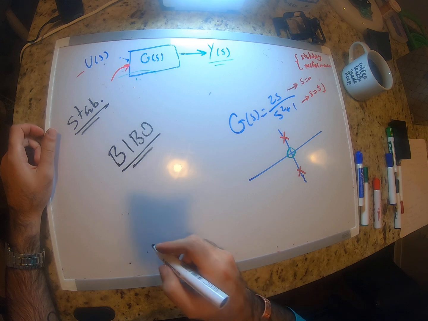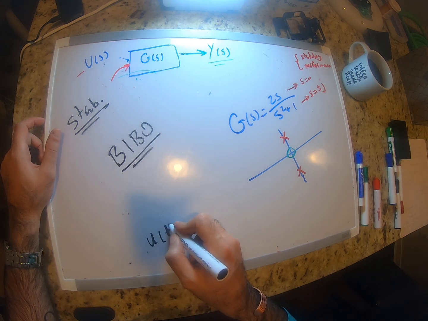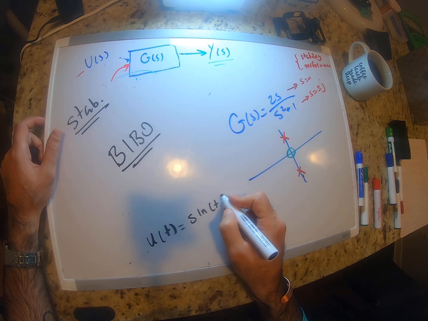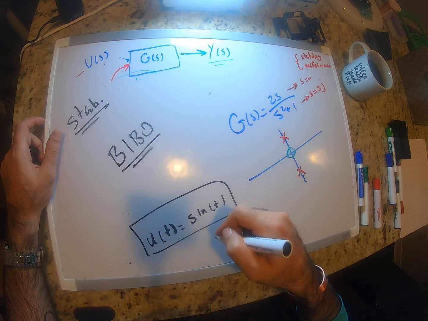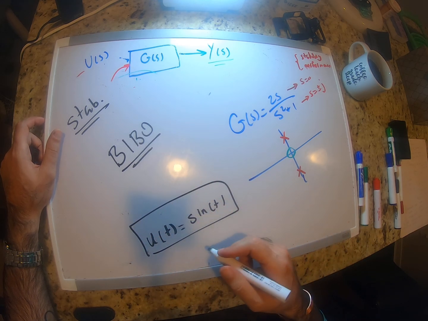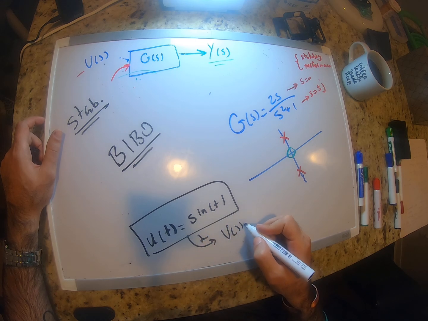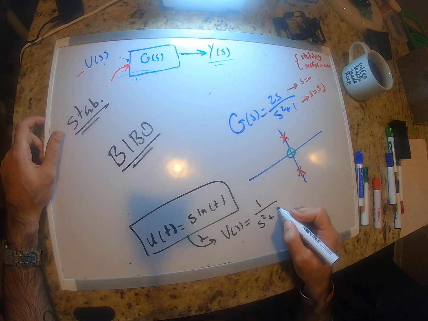Now let's look at u of t equal to sine of t. Is this bounded or not bounded? It is bounded, right? It's between plus and minus 1. If I take the Laplace transform of this one, it's going to be 1 over s squared plus 1.